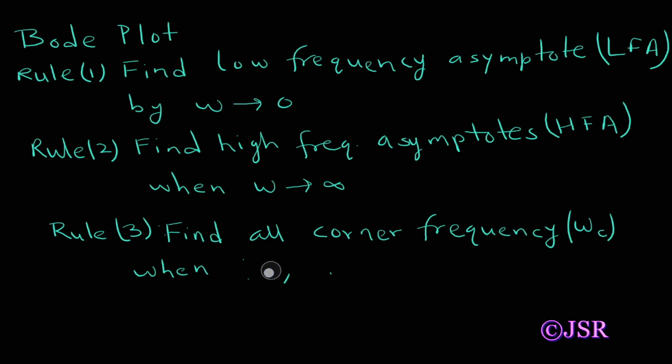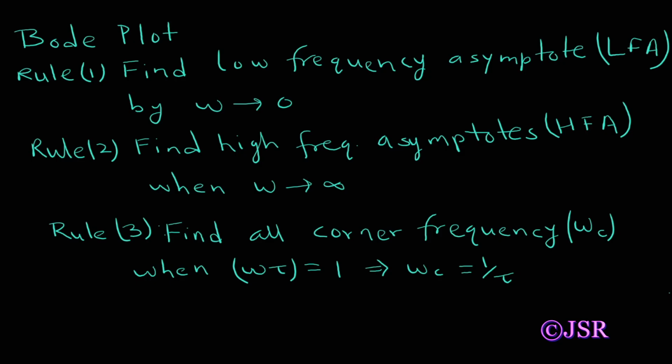So when omega tau equal to 1, it means omega c will be equal to 1 by tau. So for a first order system, we will have omega c1 equal to 1 upon tau 1.